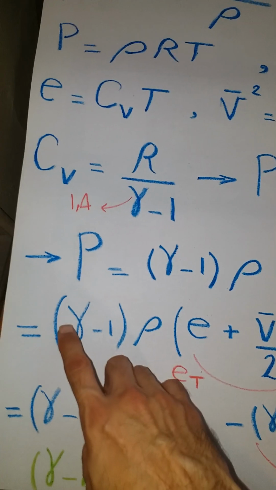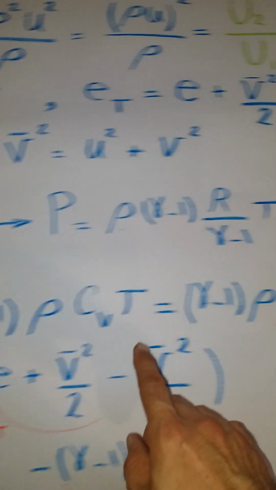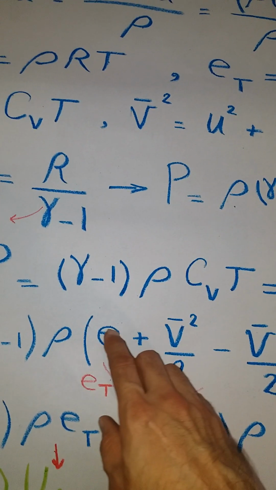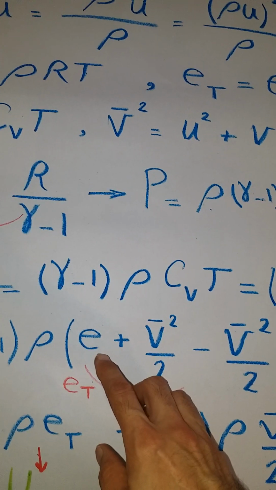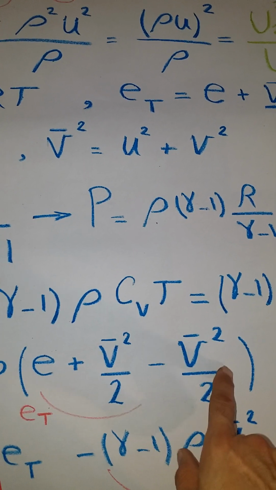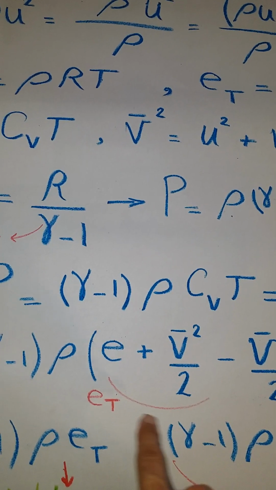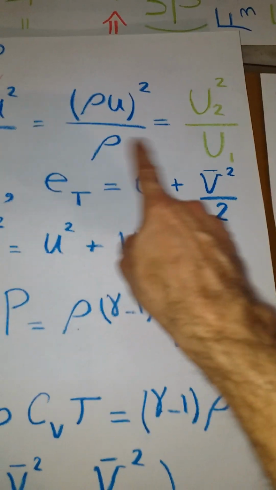Right now we can write it (gamma minus 1) rho, and here just plus and minus the total velocity kinetic energy, the fluid element kinetic energy, plus this minus this. These two terms together are the total energy, as was stated here. We formed it here.